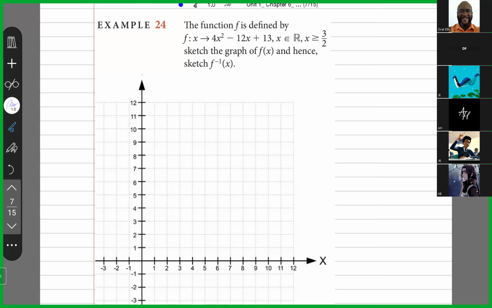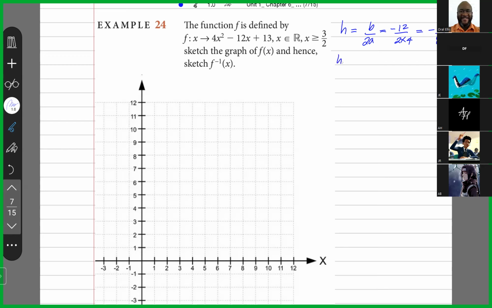All right, if it's a quadratic graph, I need the minimum turning point. I can do h is equal to b over 2a, which is equal to minus 12 over 2 times 4, minus 12 over 8.